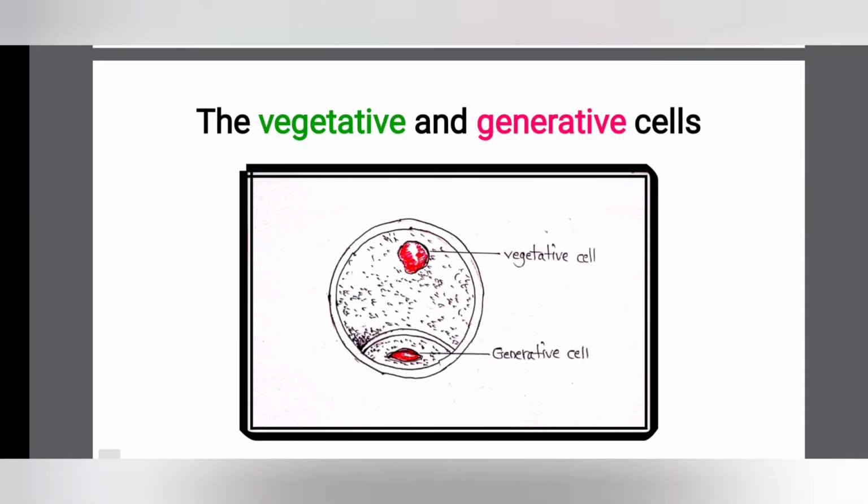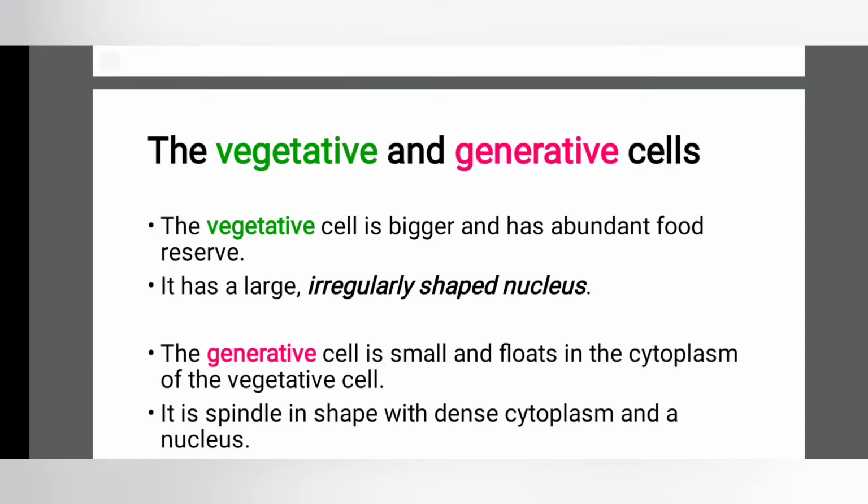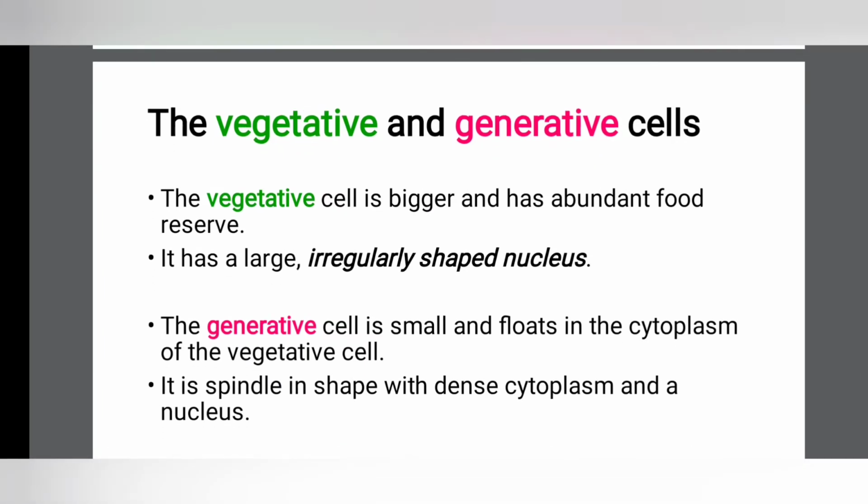Here, a typical picture of a pollen grain is given. In that, the two cells are there. The vegetative cell, which is comparatively larger in size, and then the generative cell, which is so small and occupies a small portion of the pollen grain. The vegetative cell is bigger and has got abundant food reserve.